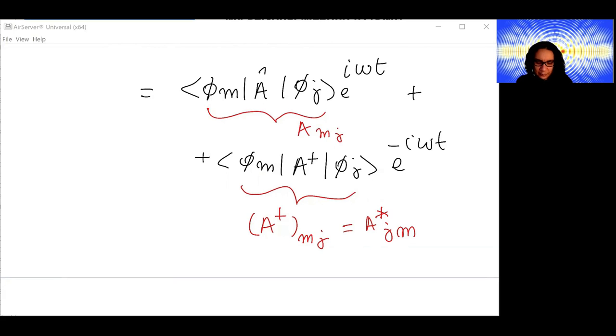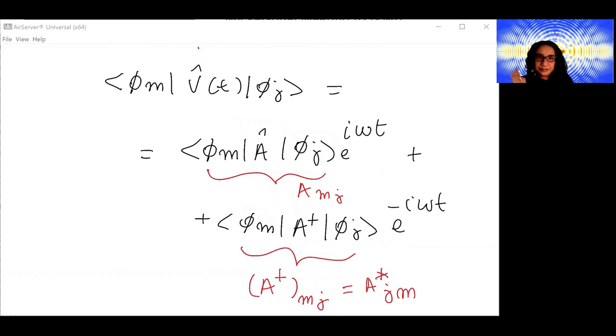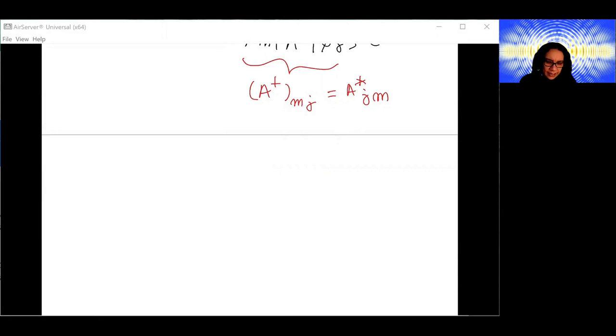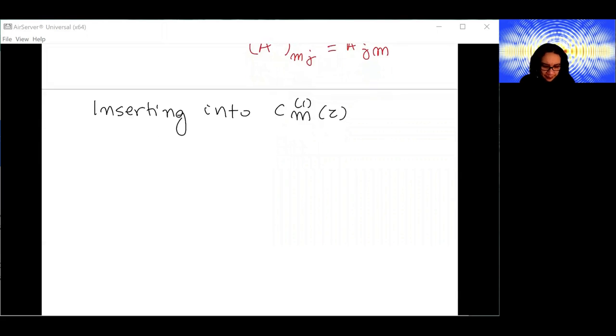So that's why I'm writing it in this way. So we're ready to get this and insert it into C_m^(1)(tau). So let's do that. We're going to insert this into C_m^(1)(tau), which is the expression up to first order perturbation theory.